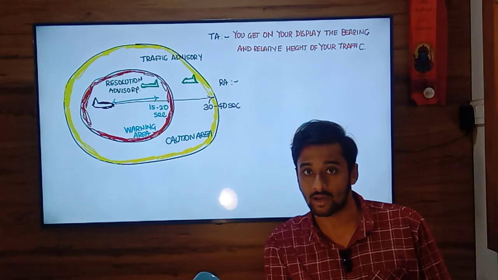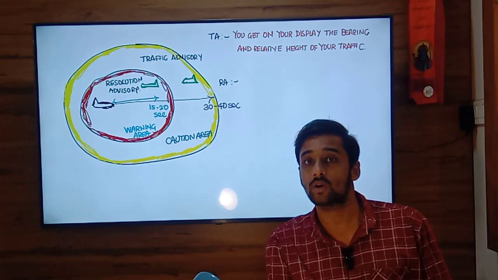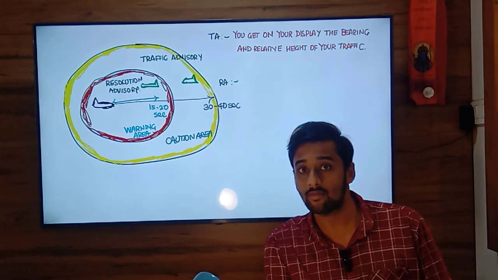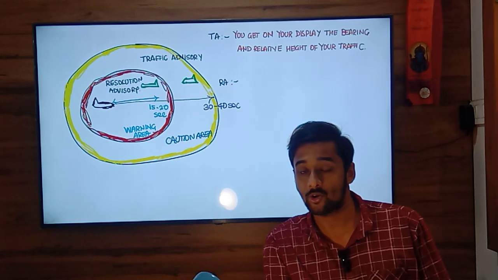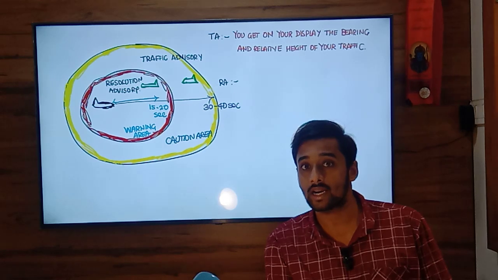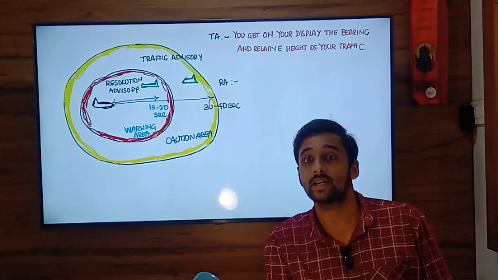Okay, there should be a solution. So the system is designed in such a way that it tells you whether to climb or whether to descend. It gives you one instruction to climb, or to increase your climb rate if you're already climbing, or to descend, or to increase your descent rate if you're already descending, in order to avoid other traffic.